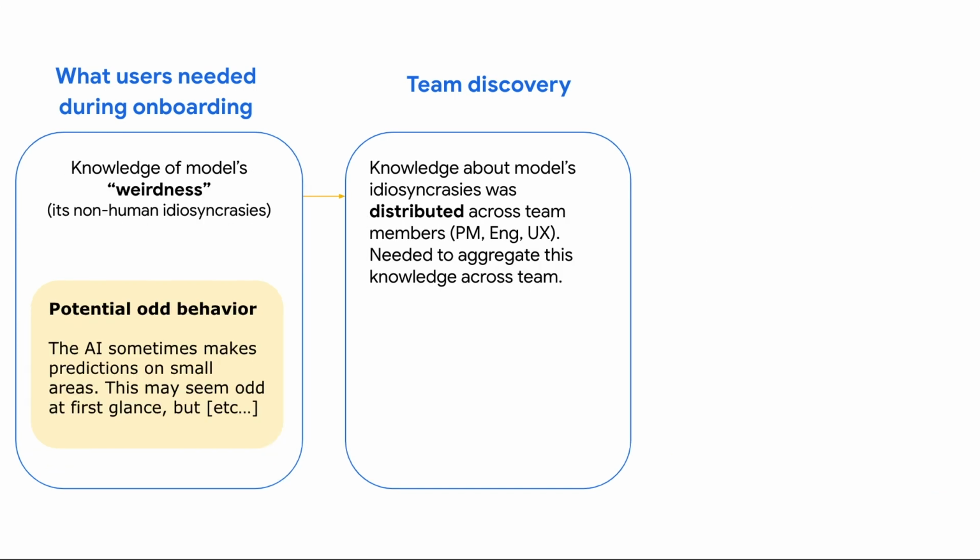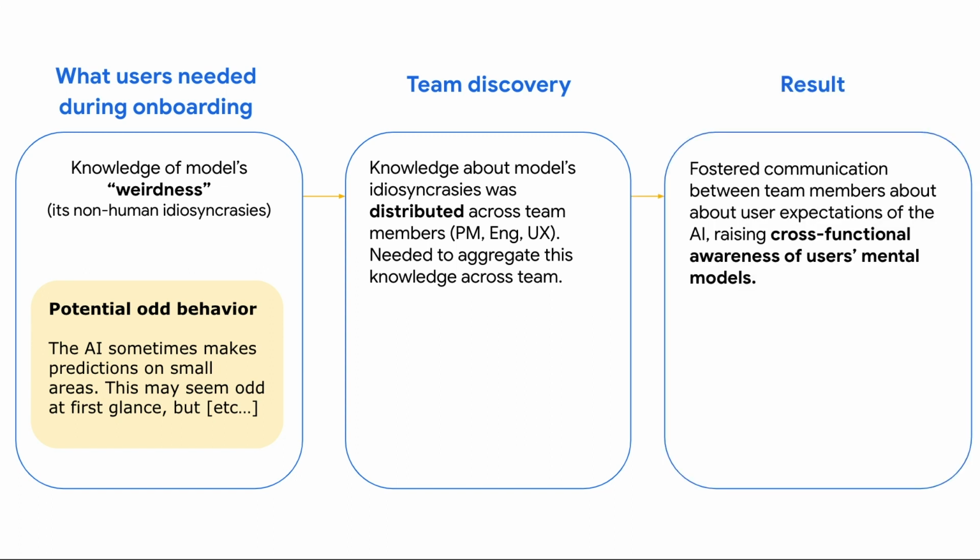One aspect that's valuable to provide up front during onboarding is the ways that AI can seem weird or bewildering compared to human ways of thinking. Explaining these idiosyncrasies can help set user expectations early on in their exposure to the AI. However, knowledge about the AI's idiosyncrasies was often distributed across team members, with different people having noticed different quirks about the AI.